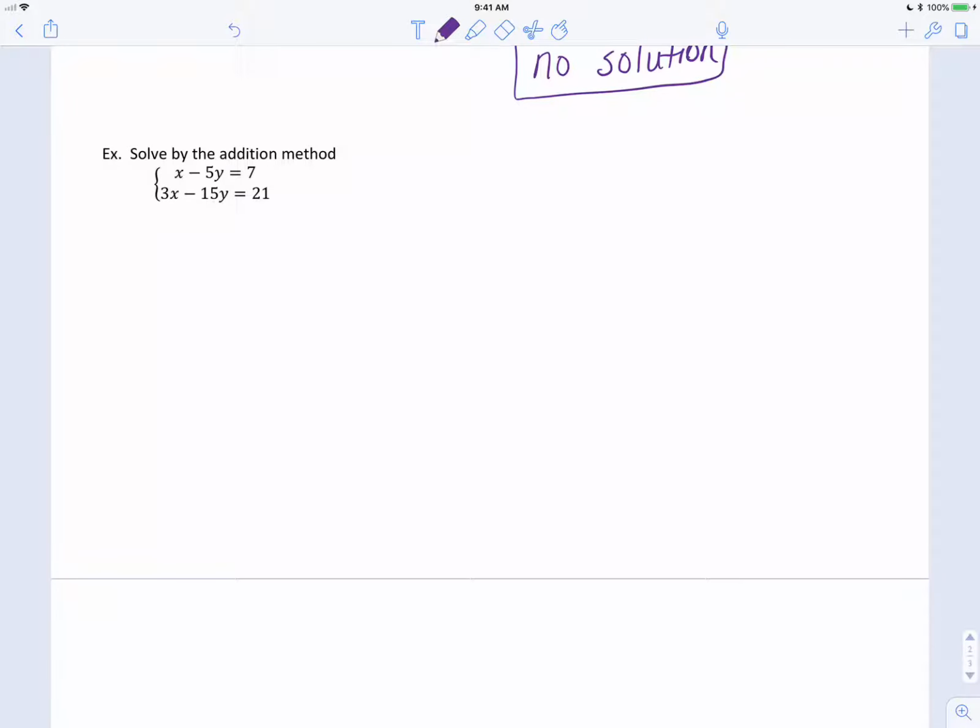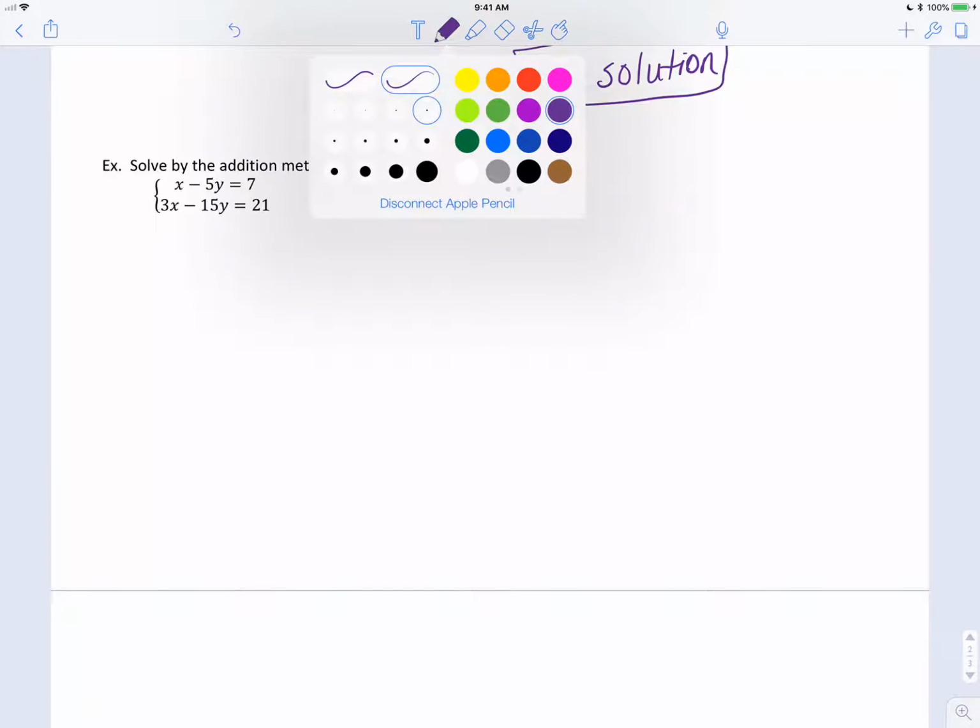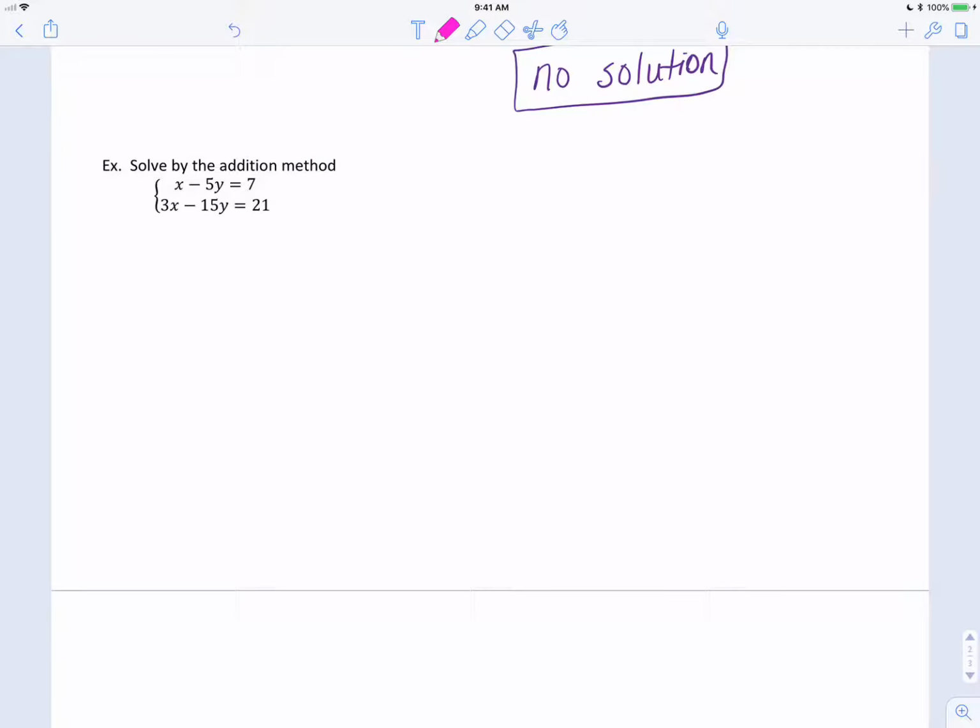So the next one, let's just see what happens here. We're going to say x minus 5y is equal to 7. And we have 3x minus 15y is equal to 21. Okay. Well, you take a look at that for a second and see which equation we want to manipulate. Looks like we could just multiply this top one by a positive 3.